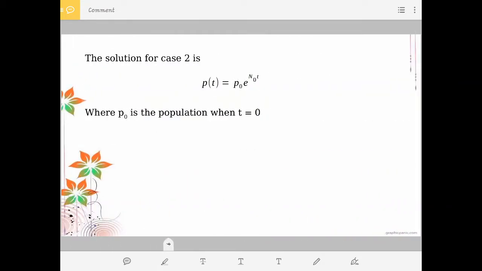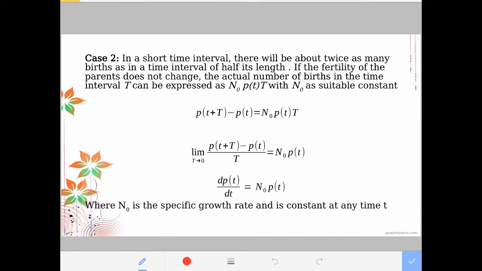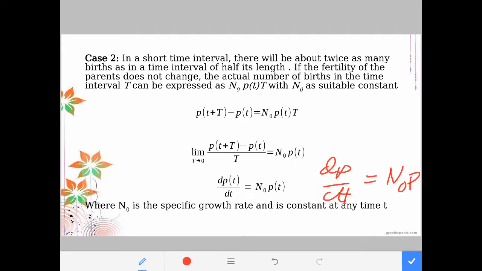So the solution now for case 2, we just solve the equation. We can rewrite this as dP over dt equals N0P.